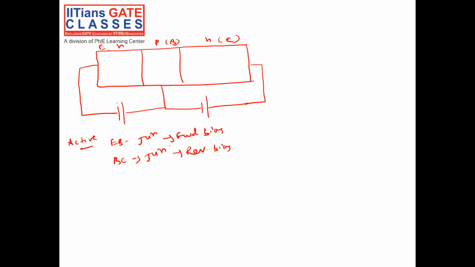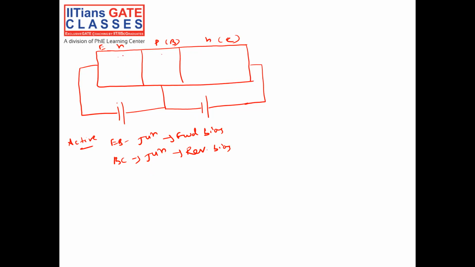In the active region, let us understand a little bit about the operation. Whenever I forward bias a PN junction, there will be injection of electrons from emitter to base, and injection of holes from base to emitter.